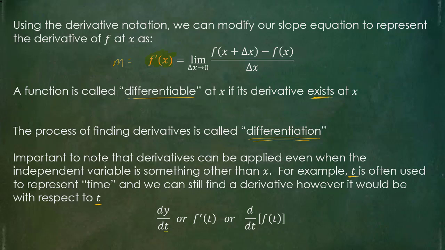Whatever is in the denominator, this dt, is really just telling you what you're taking the derivative with respect to. The other parts are what you're actually taking a derivative of. So dy over dt is taking the derivative of some y equation with respect to that t variable. The t would be the thing that you would follow through with all of the rules that we're going to be learning throughout this entire chapter.